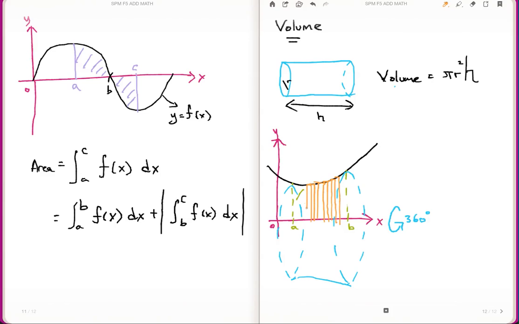With the same x, the same thickness, called small change, you call dx, small change of x. Some books write delta x, but since we are doing integration, we use dx.